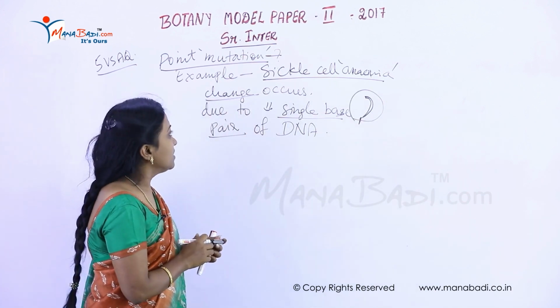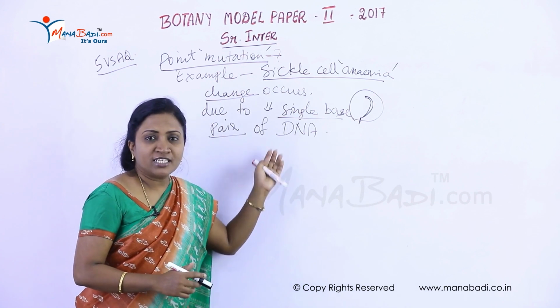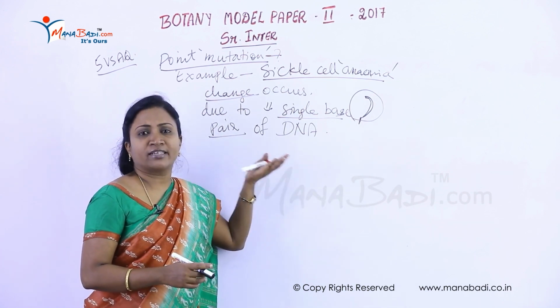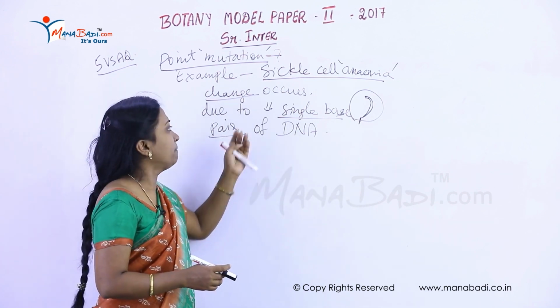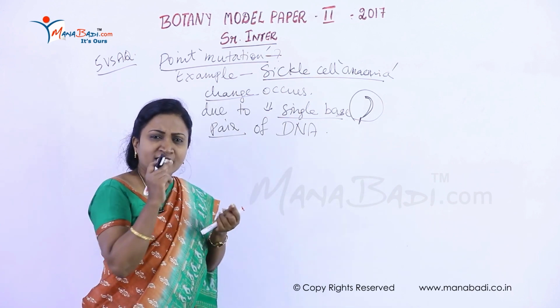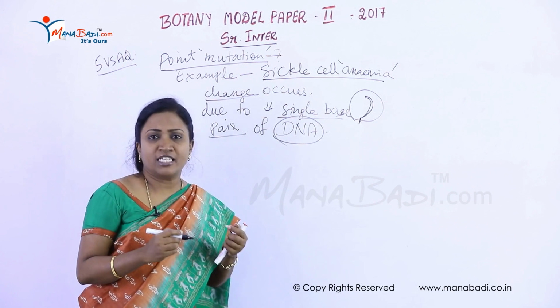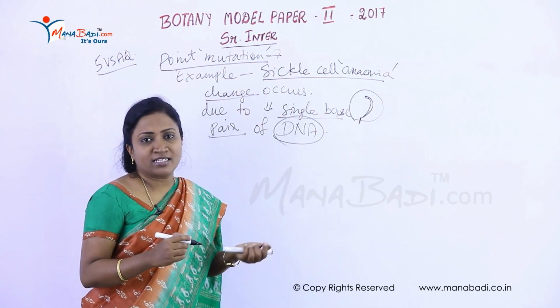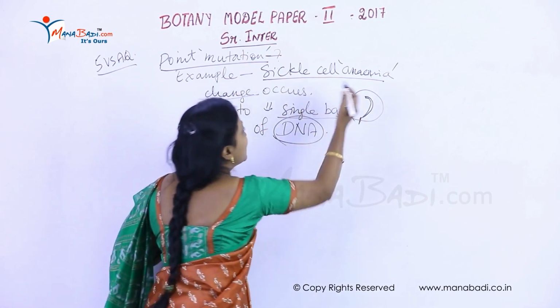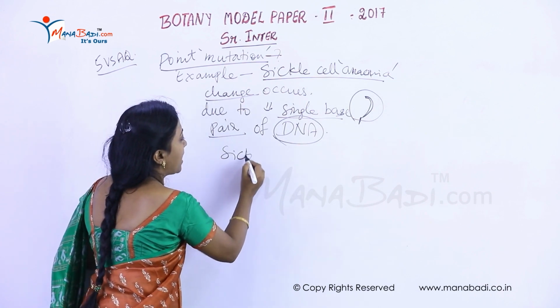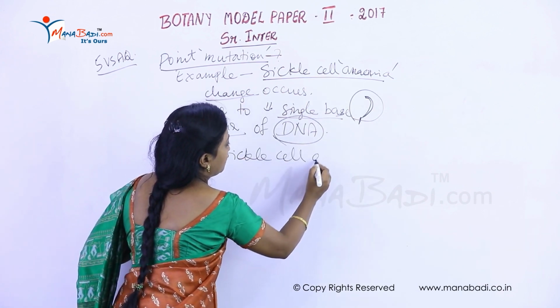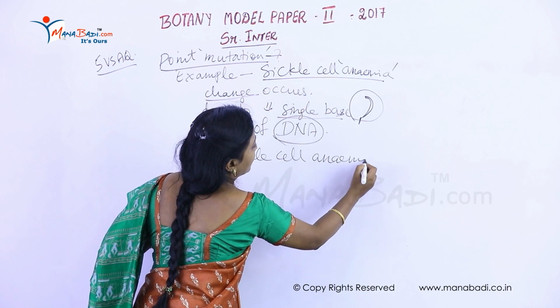So point mutation is a change which occurs due to the alteration in a single base pair of the DNA molecule, and sickle cell anemia is the example. How does it occur?